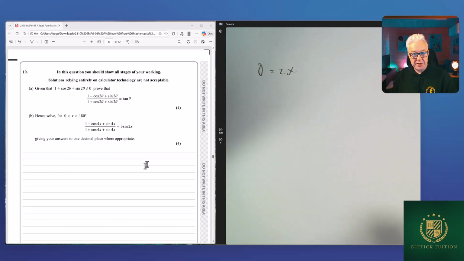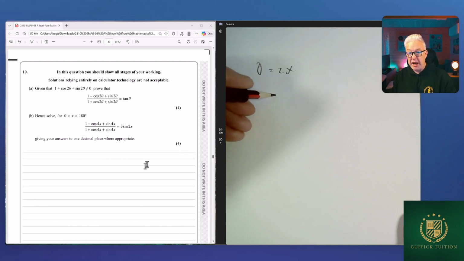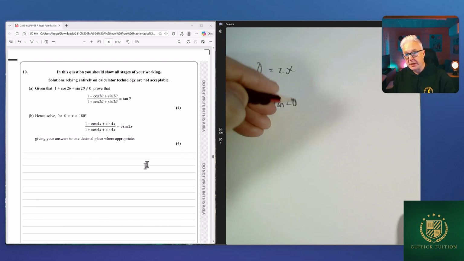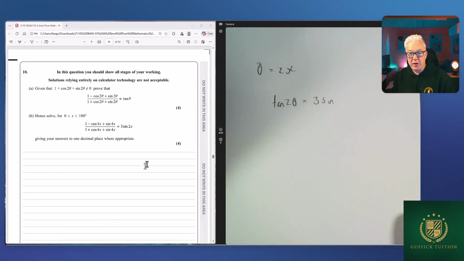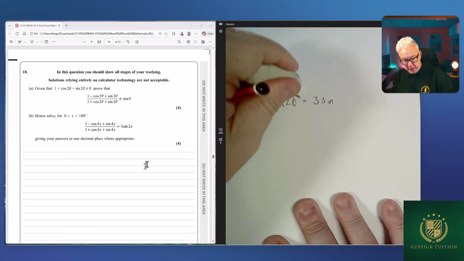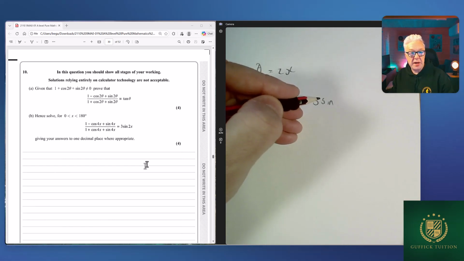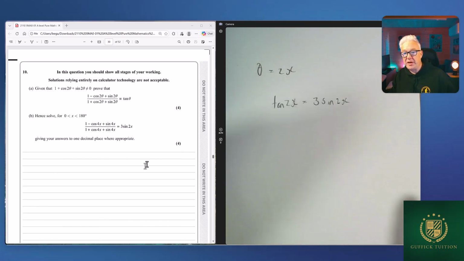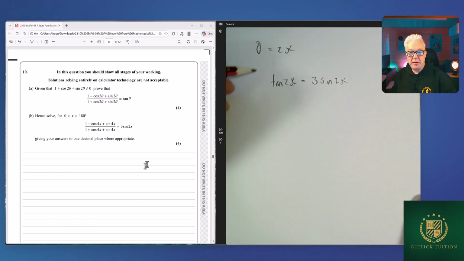So that's the change between part A and part B. So if we've got to solve that expression in part B, we can basically say straight away that tan of 2x is going to equal 3 sine 2x. And all we've done there is just use the result from part A, but replacing theta with 2x. So we've got to solve this for our part B.